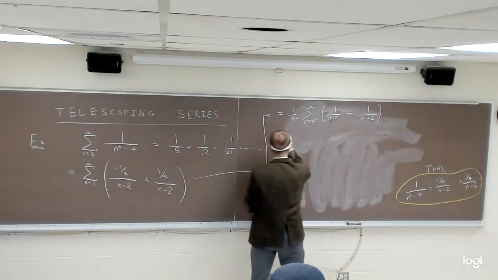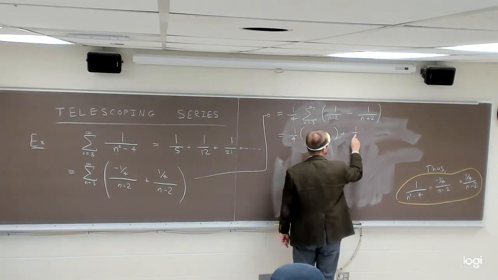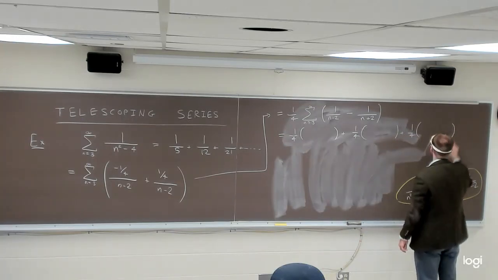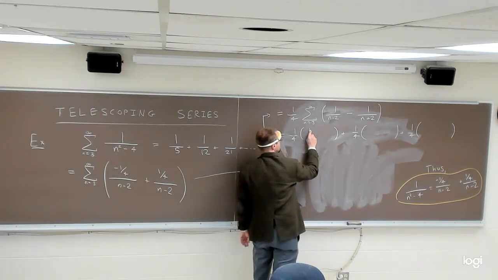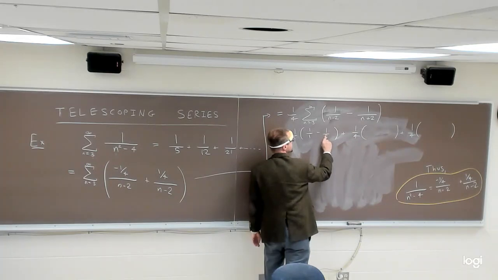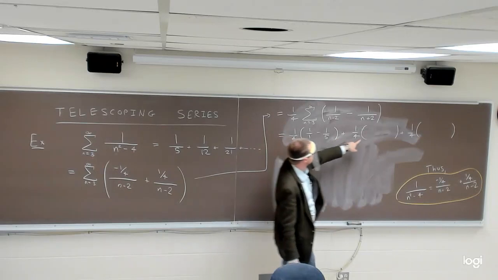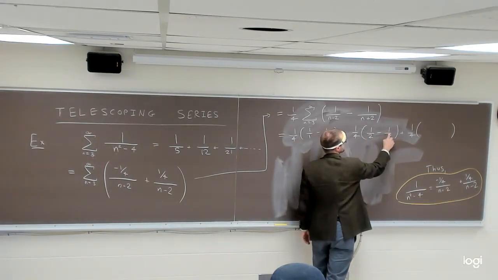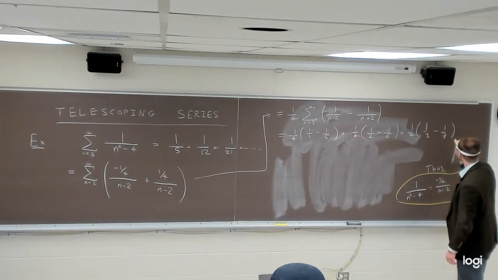Starting with n equals 3, and then the n equals 4 term, and then the n equals 5 term, and so on. So for n equals 3, I have 1 over 3 minus 2 minus 1 over 3 plus 2. For n equals 4, got 1 over 4 minus 2, minus 1 over 4 plus 2, and so on.